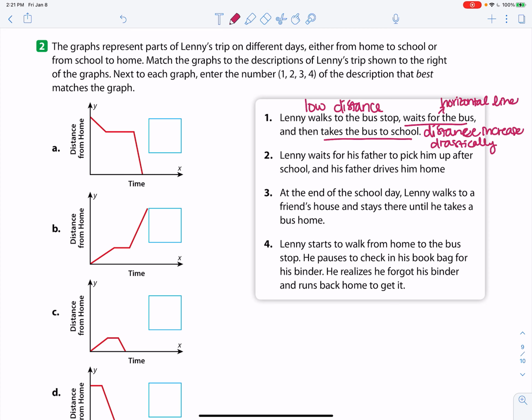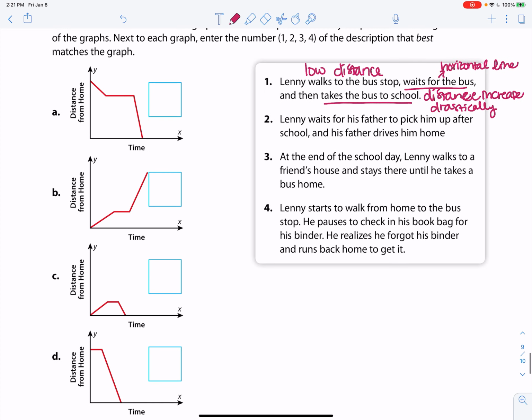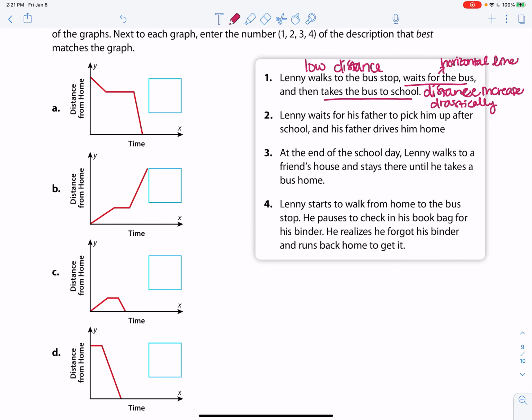All right, and then which one of these, A, B, C, or D, matches that? The one that I see that matches it, where he is walking to the bus stop, so he's at home, and then of course if he's walking to the bus stop to go to school, he should start at home. If he's starting at home, that means he starts at 0.